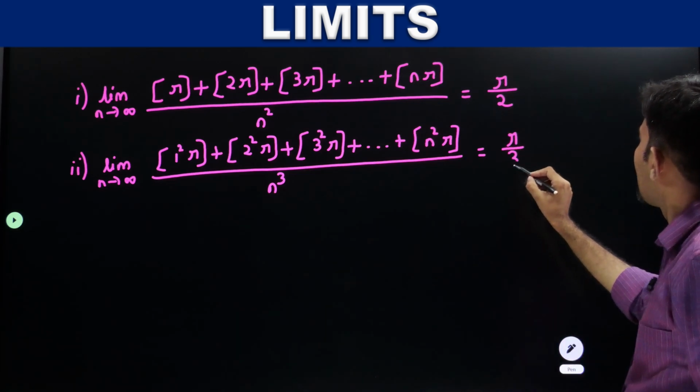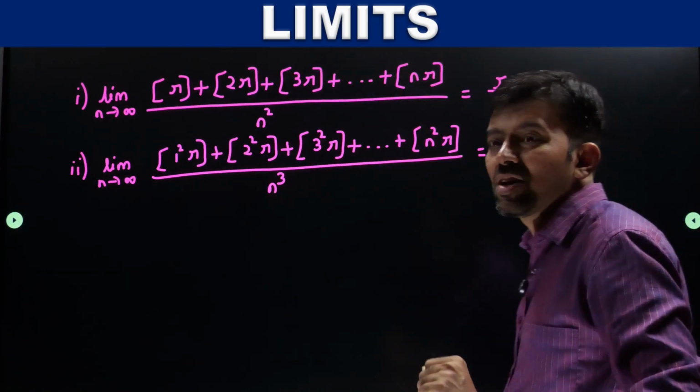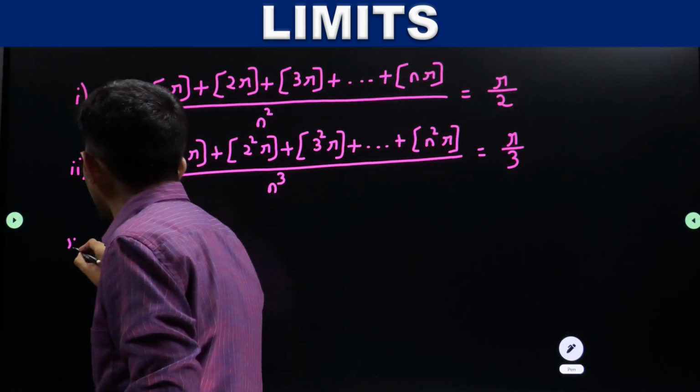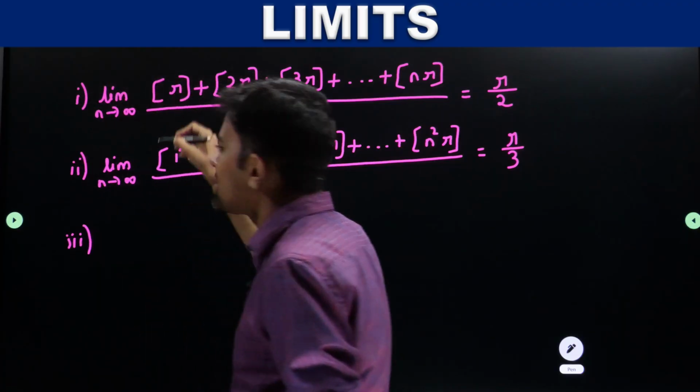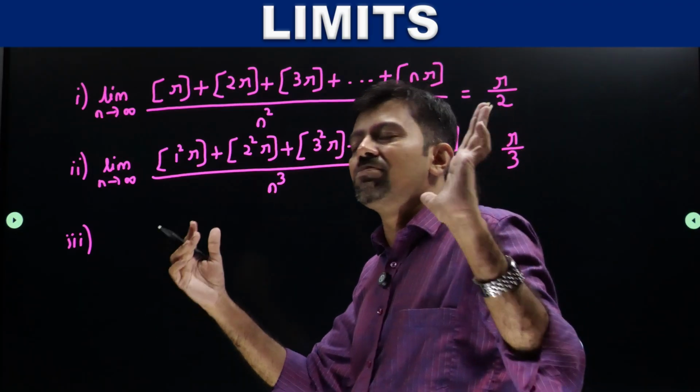There we got 1 by 3, correct? Here the answer is r by 3. Both are comparable. Already in the JEE exam these kinds of questions are asked, so we can answer based on memory because it's very standard, found in many books.